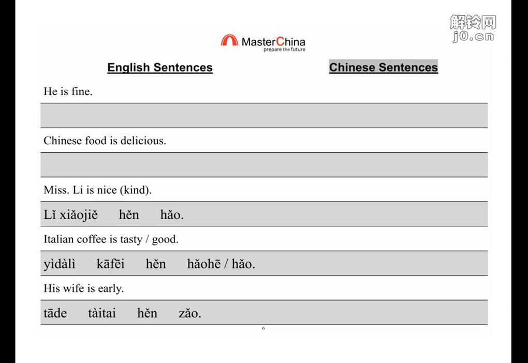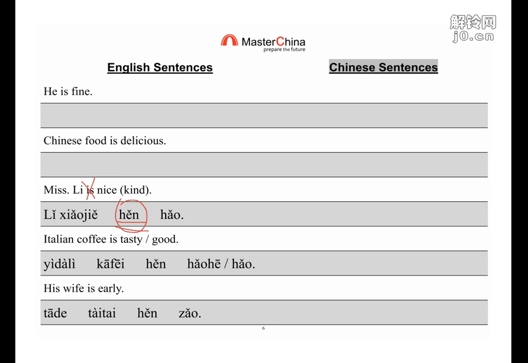So let's check. The third one, Miss Lee is nice. 李小姐很好. So, no "is", and put 很: 李小姐很好. Next one, 意大利咖啡很好喝.